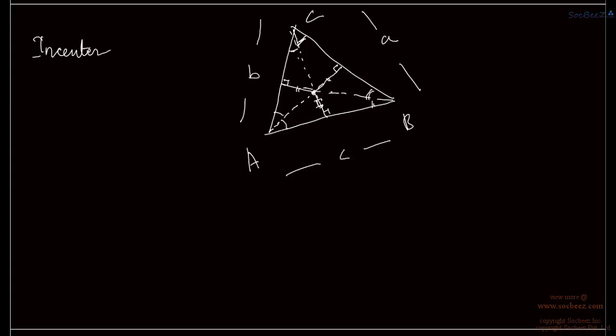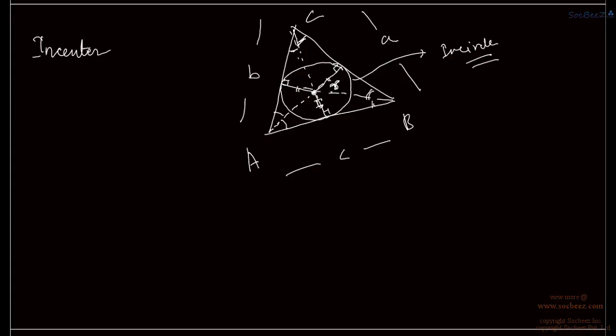That means if we take a radius equal to this length and put an arc over here, then we can draw a circle which will touch all three sides, and this circle is known as the incircle. I hope you are all familiar with the incircle. Let's denote this radius by small r. This small r is the inradius of the incircle.